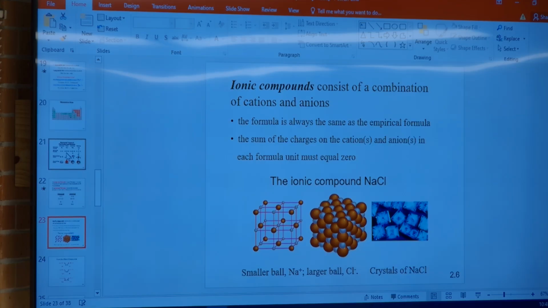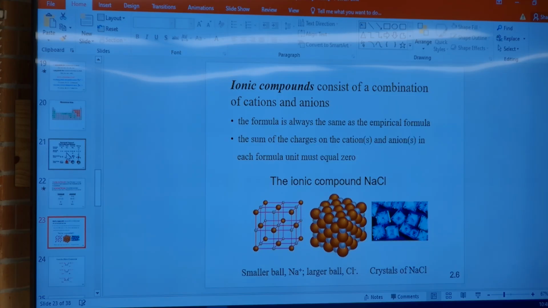Then what does an ionic compound mean? That means this compound contains cations and anions. Cations carry positive charge, anions carry negative charge, and these 2 charges must be balanced in the whole compound.